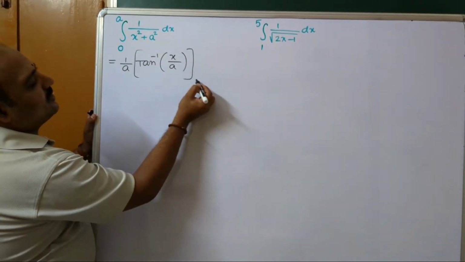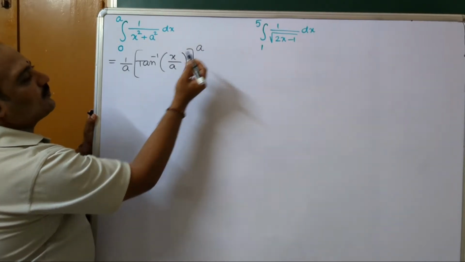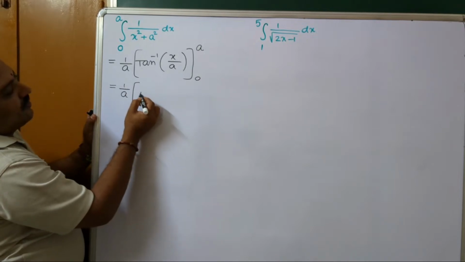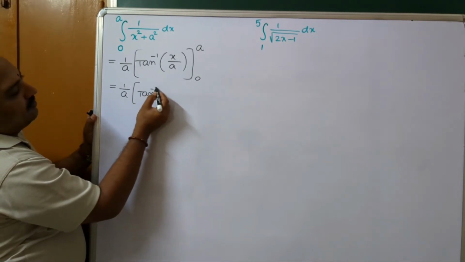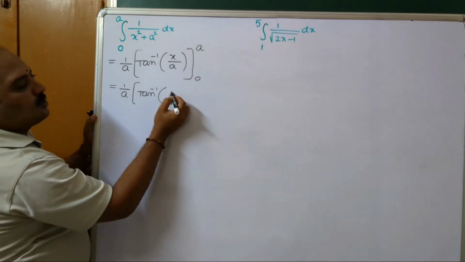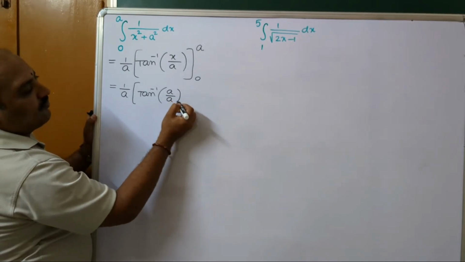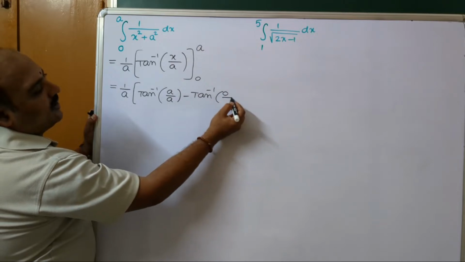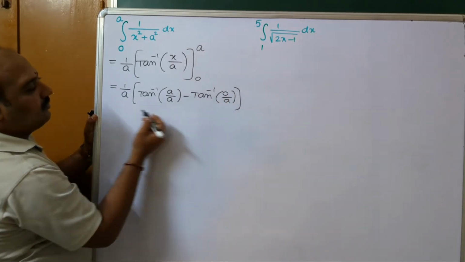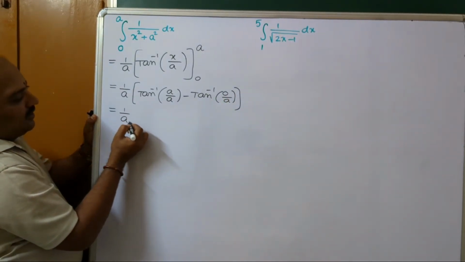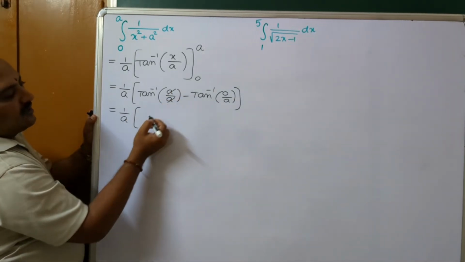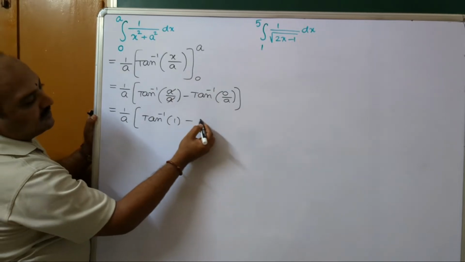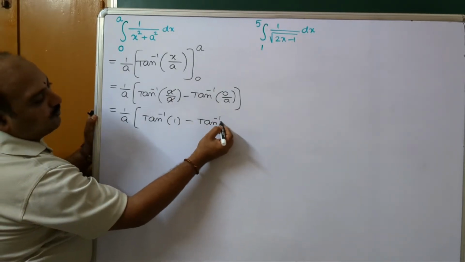Applying the limits 0 to a, that is equal to 1 by a, tan inverse of x equal to a, substituting a by a, minus tan inverse of 0 by a. So 1 by a, tan inverse of 1 minus tan inverse of 0.